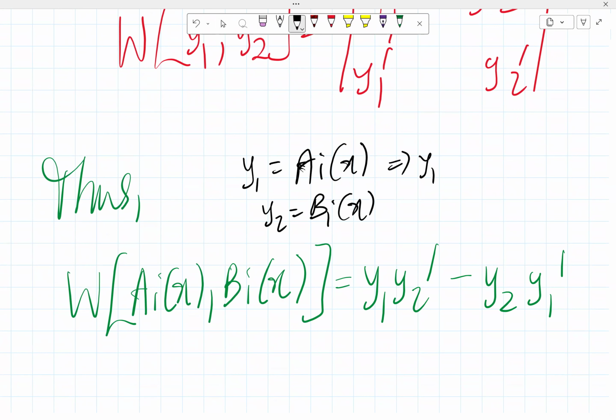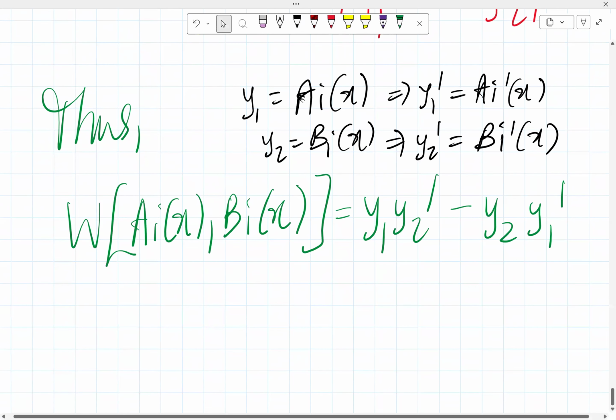That means y1 prime is Ai prime of x, while y2 prime is Bi prime of x.